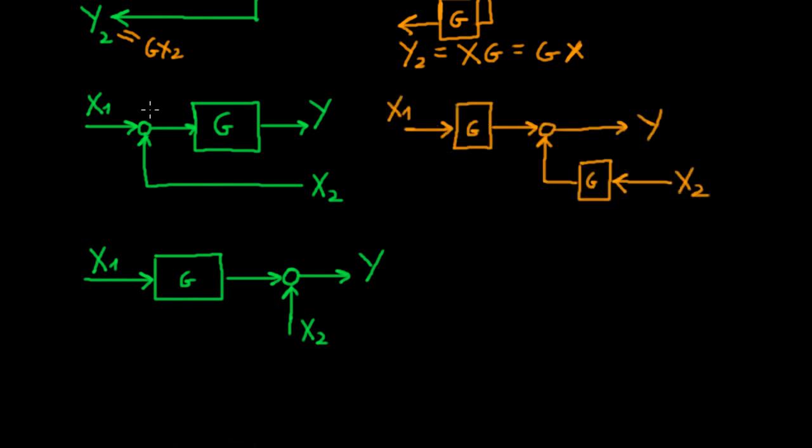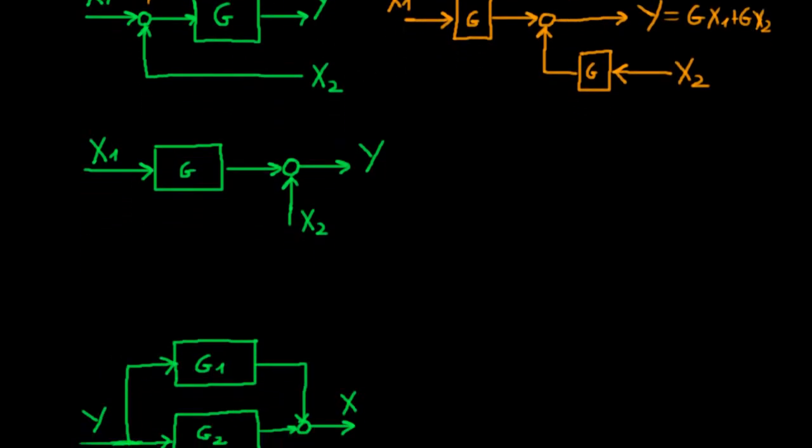There we go. Here we wanted to move the summing point beyond the system. Our y was equal to g times x1 plus g times x2. So if we move the summing point after the system, we need to multiply the signal by g, so that here we get gx1 plus gx2, just as we had before.